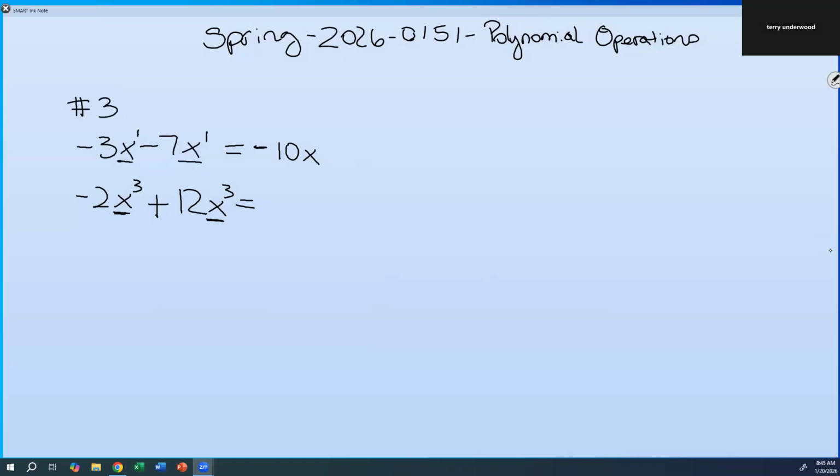And we know in the rules for signs, when you add a positive and a negative, you always carry the sign of the bigger number. Which is bigger, 12 or 2? Of course, 12 is bigger and 12 has a positive sign. Then my answer will be positive, and then you subtract 12 minus 2, which is 10, so it will be 10x cubic. That will be the answer.